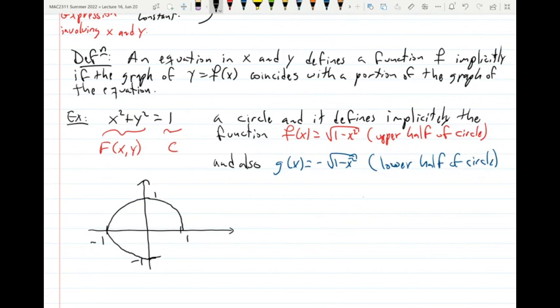So this is the graph of x squared plus y squared equals 1, but then a portion of the graph, which is this one over here, represents the function f. This portion of the graph represents the function g.